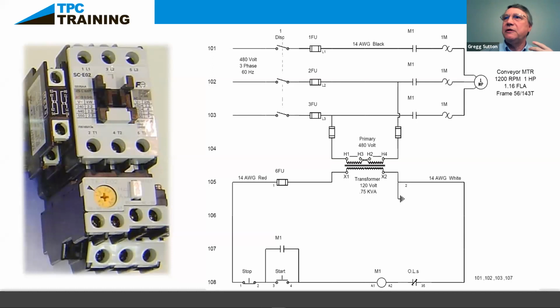We start out with something very simple like relays, and then we adapt that knowledge. We make sure everybody understands every component of a relay and say, well, a starter here is just a big relay. And we make sure they can adapt those simple concepts to the more complicated ones, like this one here.